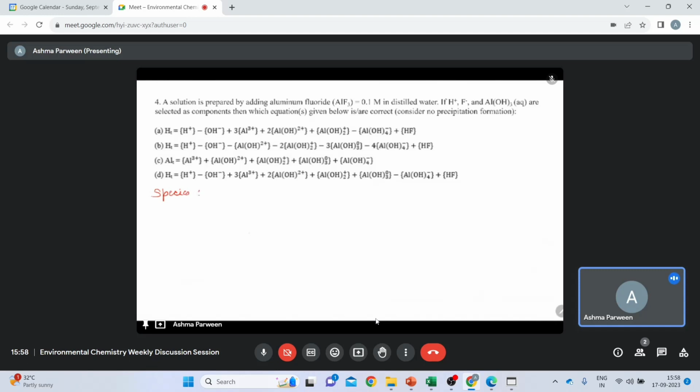We are adding AlF3, which will dissociate as Al3+ and 3F-. So the species will be H+, OH- and H2O definitely.